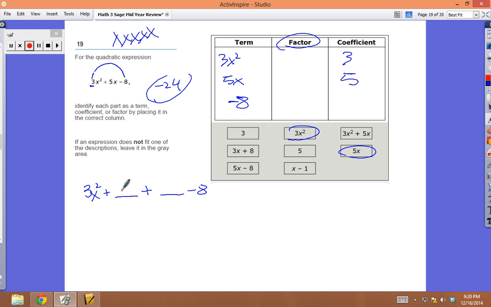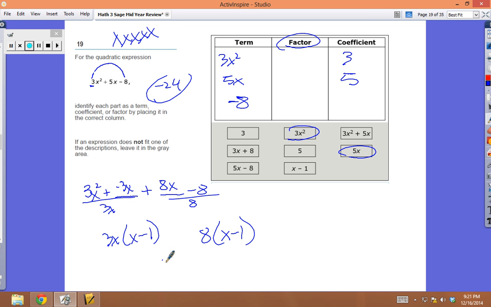So that is going to be a negative 3x and a positive 8x. So now if I factor these, I'm going to divide both these by 3x, so it's going to be 3x times x minus 1. If I divide both these by 8, it's going to be 8 times x minus 1.